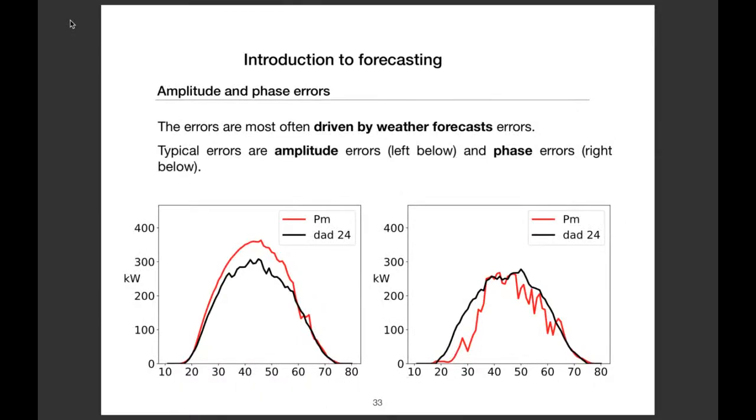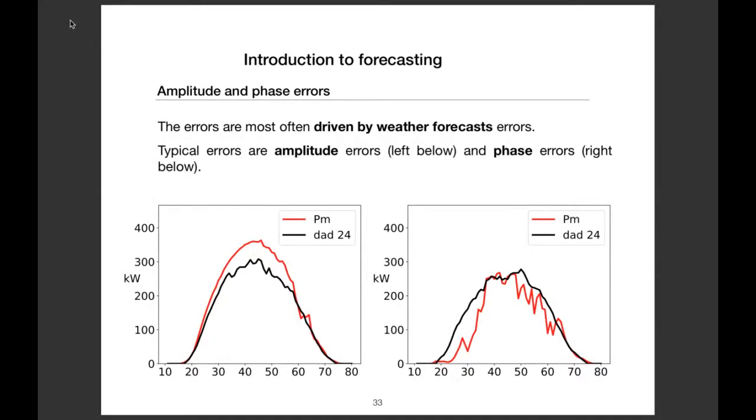Okay, what can we do now? We still have a look at the forecast, and in fact, the errors are most often driven by weather forecast error. There are some typical errors for PV generation. For instance, first, amplitude error, which is the error on the left.